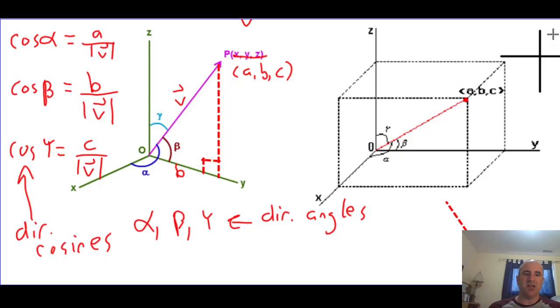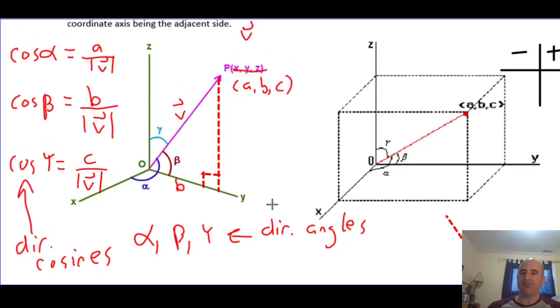Since the cosine in quadrant 1 is positive, and in quadrant 2 it's negative, you don't have to worry about the CAST rule. For example, if I gave you the sine of an angle, you wouldn't know if the angle was here or here, since sine is positive in both quadrants. With cosine, you don't have that problem. You always know which one it is. I'm not sure if that made any sense or not, but I'm not going to worry too much about it.